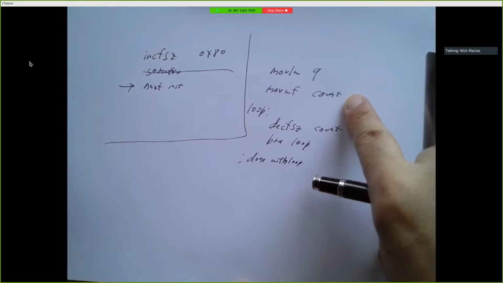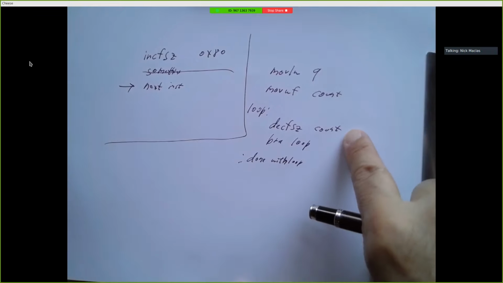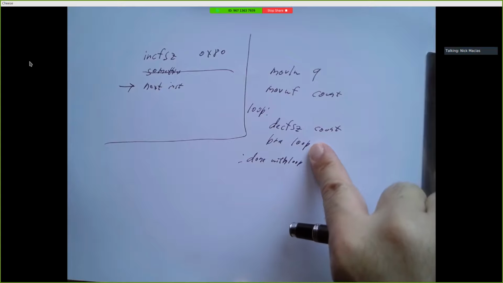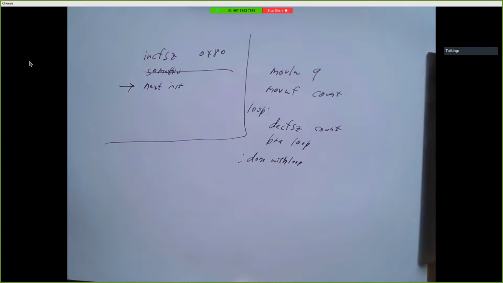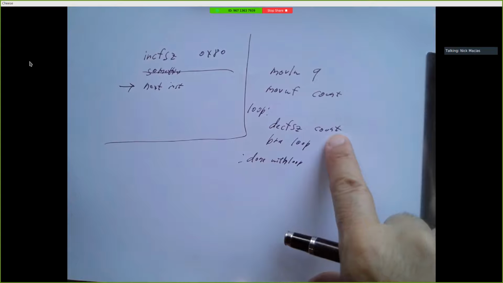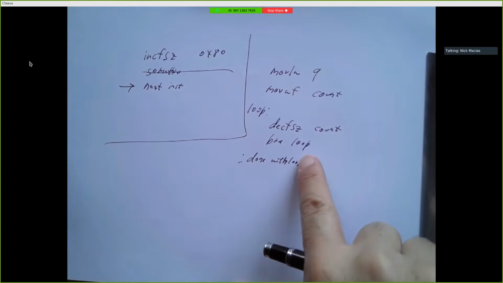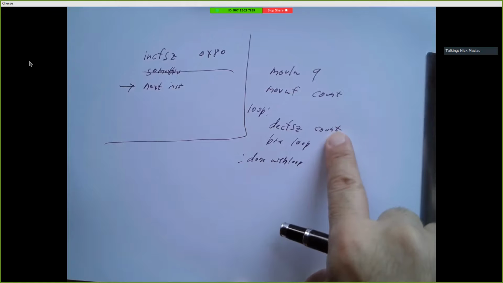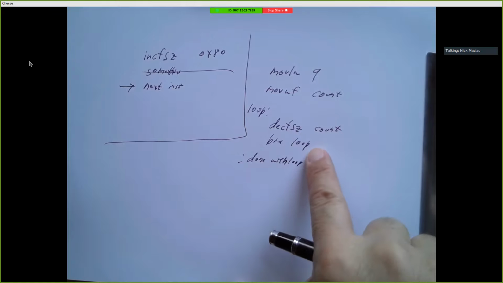Alright, we put a 9 into this file register count, we decrement it, and if the result was not 0, it will not skip this next instruction, it will do the branch back up to loop. So count goes to 8, skip if it's 0, well it's not 0, so it's going to do the branch. Decrement it again, it's going to be 7, 7 is not 0, it's not going to skip.